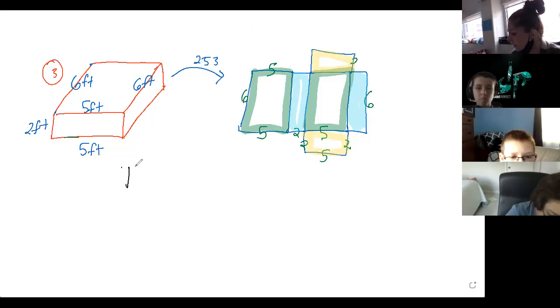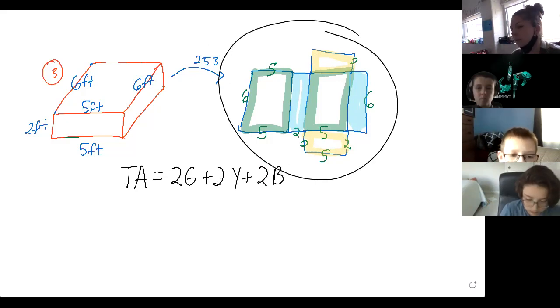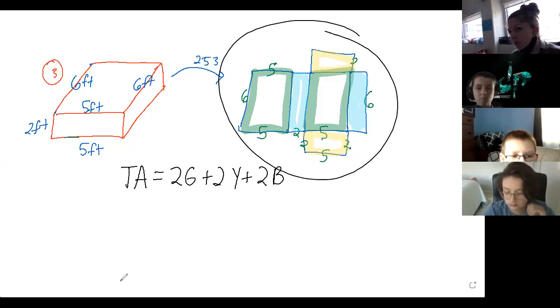So the total area of this net would be, let's call it, 2 greens plus 2 yellows plus 2 blues. Would you agree that that's one way to label it? You can label it with letters or colors. It's up to you. Stars, hearts.